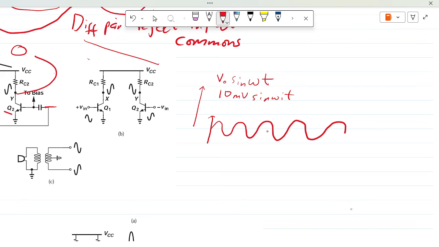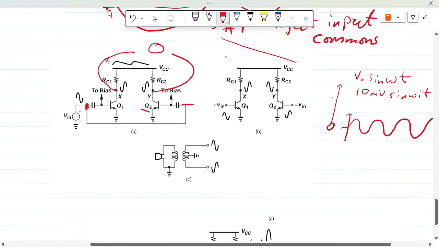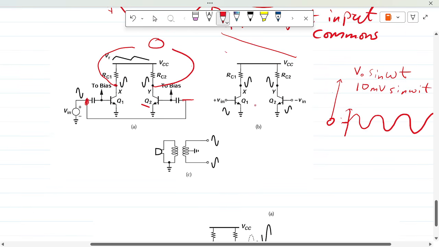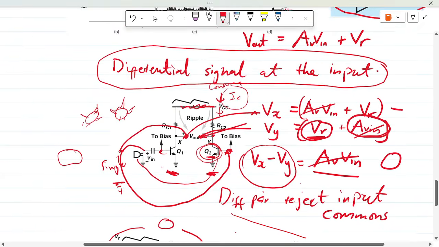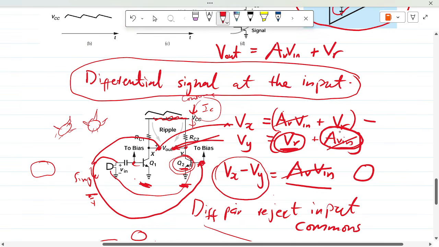Okay, so we saw in the previous video that if the same signal is given to the other transistor, then from this equation right here, the two were going to cancel out.